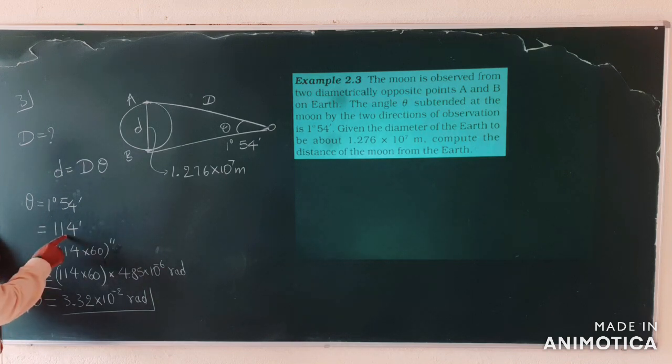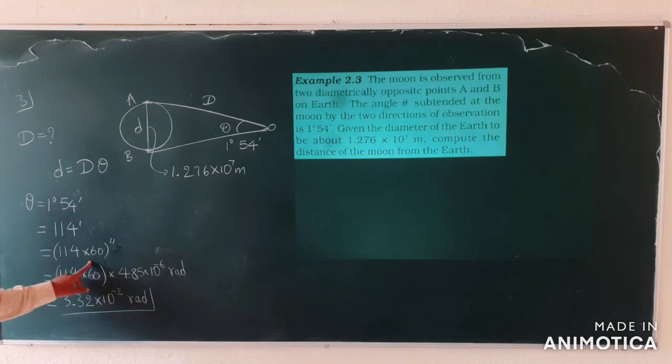Now this 114 minutes into 60 seconds. Why am I converting it into seconds again? I am supposed to convert this into radians. I am not doing so directly. The reason is, I first want to convert this into seconds and then into radians using the conversion of seconds to radians.